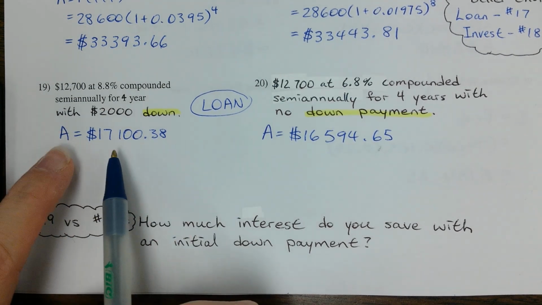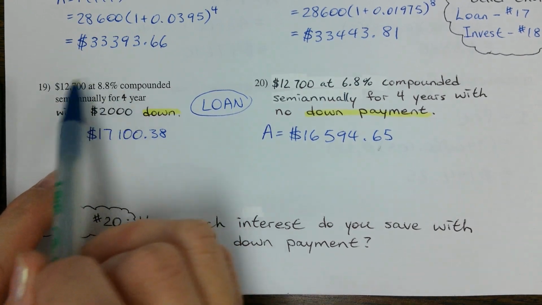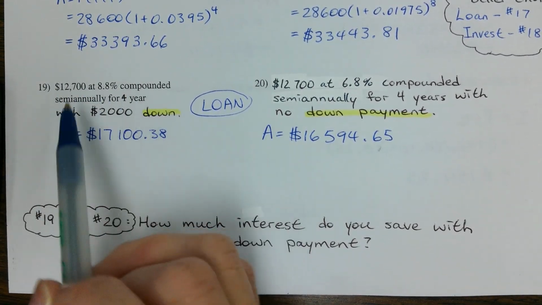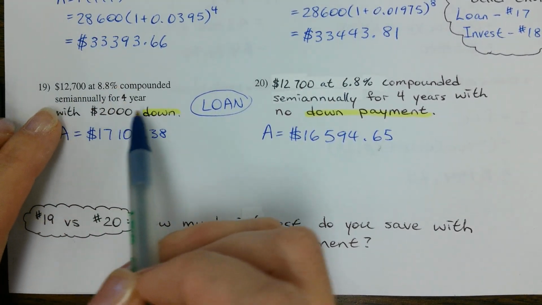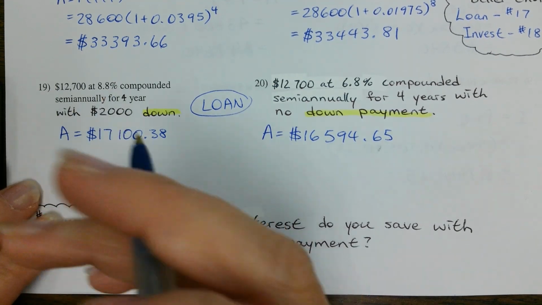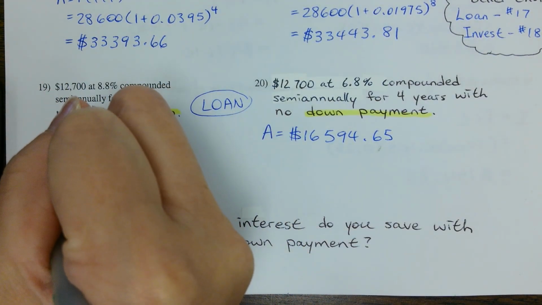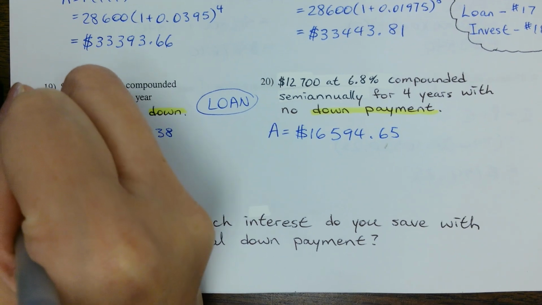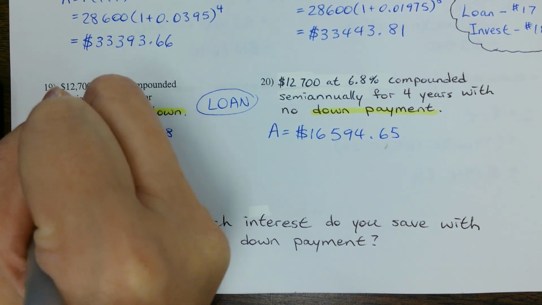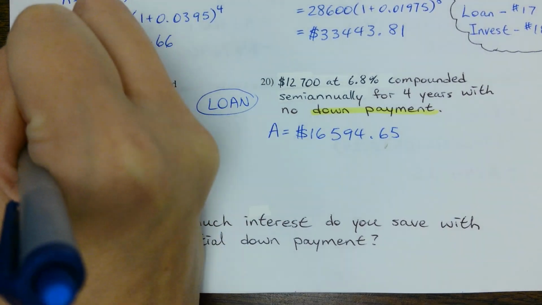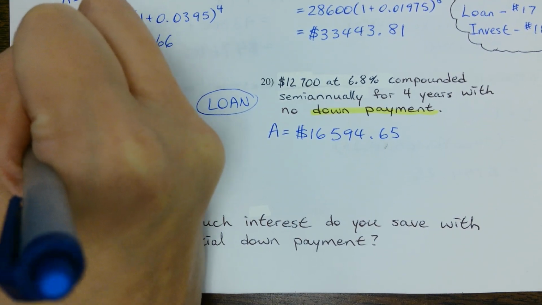So that means if you were to do this question with no down payment, at the 8.8%, the amount, so this one is no down, and this one is with a $2,000 down.